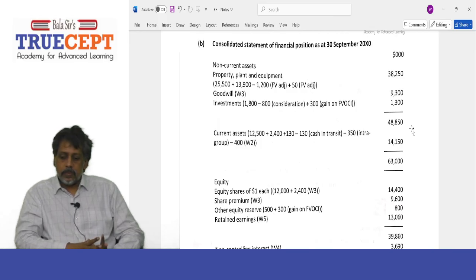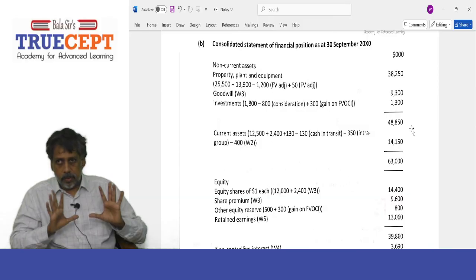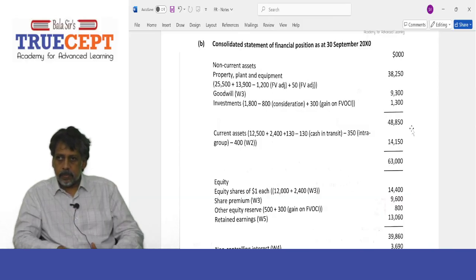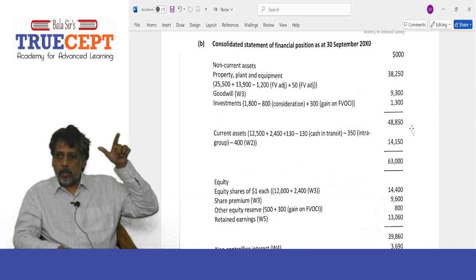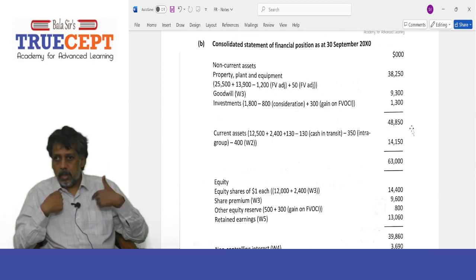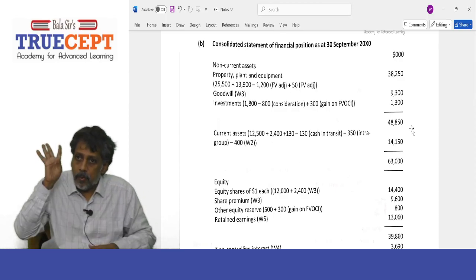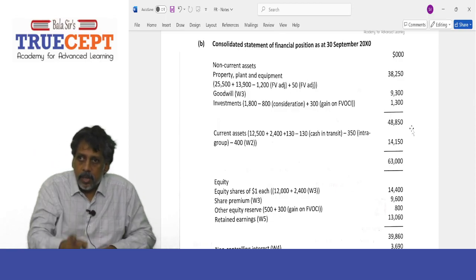Next, current assets 12,500 plus my current asset as it is you can take. Then plus 2,400, plus 2,000. Remember, current assets will include even stock in trade. Remember, I have some stock on which profit is not yet realized. Remove the 400. Have that in mind. Current assets, how much?